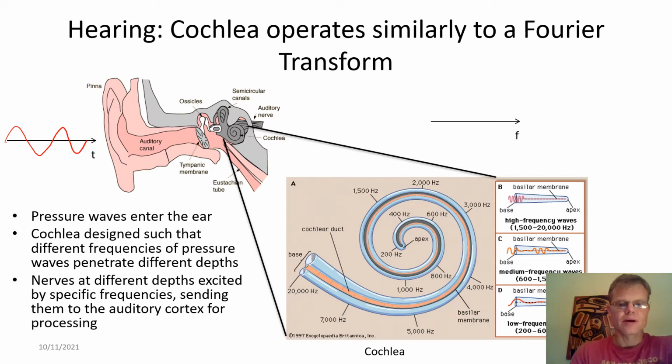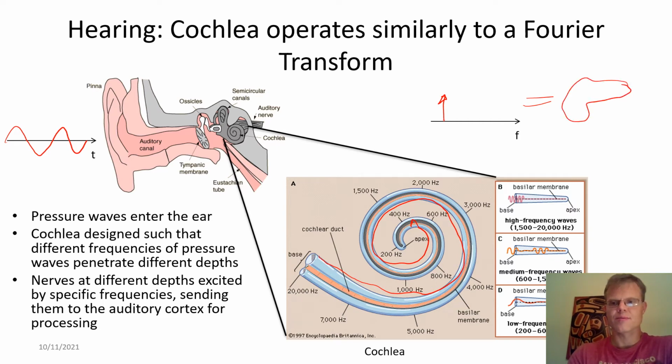So this red, if this is a low frequency, might come down deep into the cochlea somewhere and then get stopped. And when it hits that depth, it actually excites nerves that are at that location, and you get, for example, a little impulse in your neurons at that frequency, that then gets sent off into your brain. You can deal with my poor drawing of a brain there for further processing.